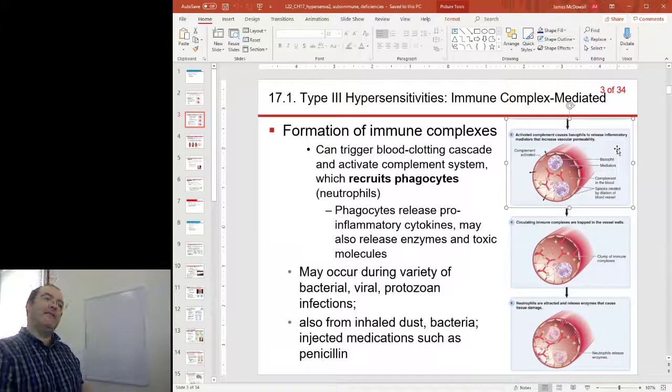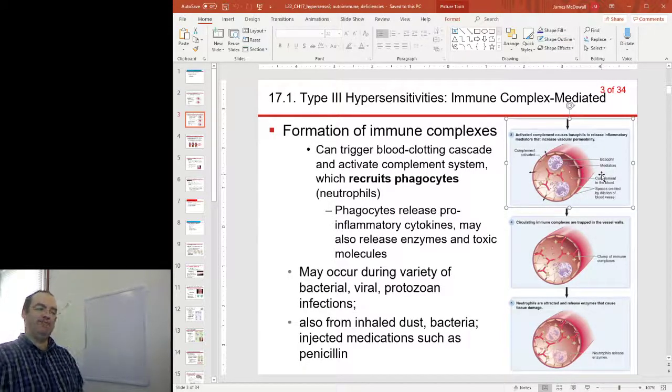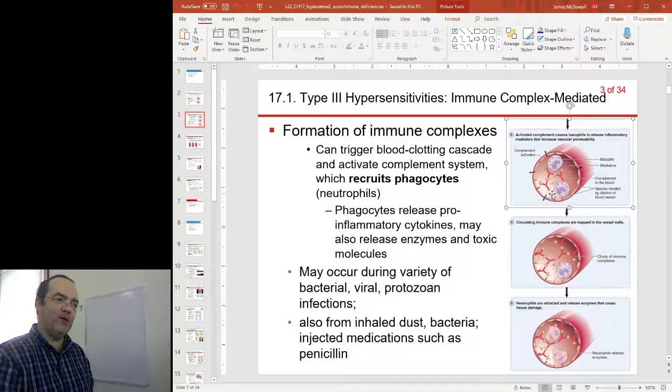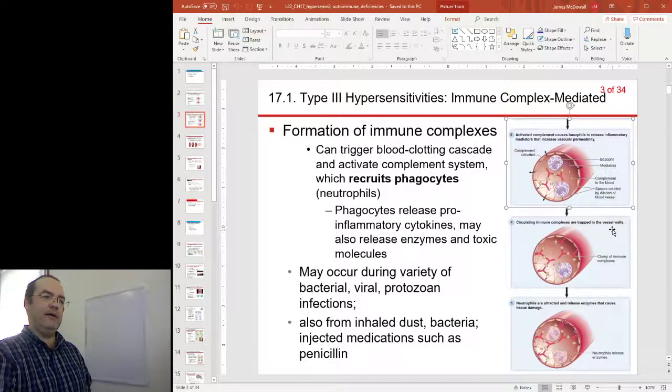Inflammatory mediators having all those effects on the body that we've talked about before. In this case, in particular, making the blood vessels more leaky. You can see the gaps forming here between the blood vessels. And then our immune complexes can get stuck in those gaps. They get lodged in the walls of the blood vessels.